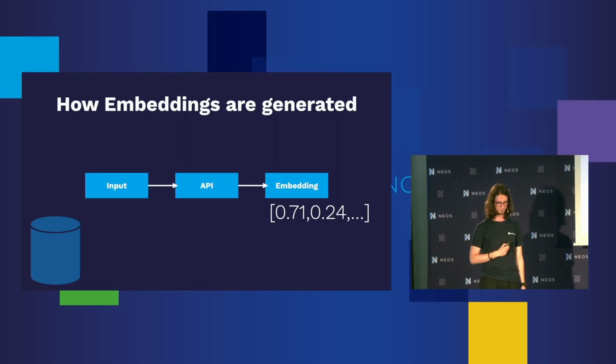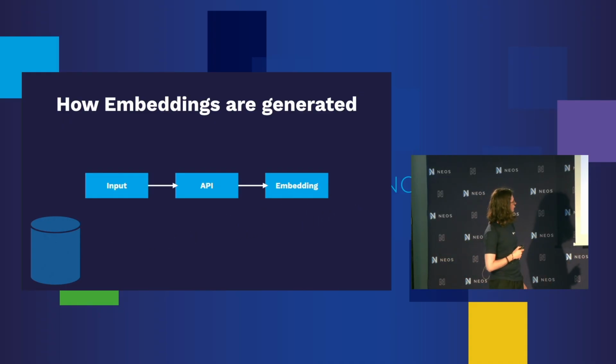So the nice part is we got our embedding and we can just put it back into our database and call it a day. This is how we create our search index.